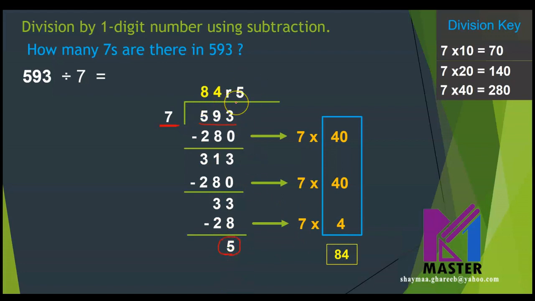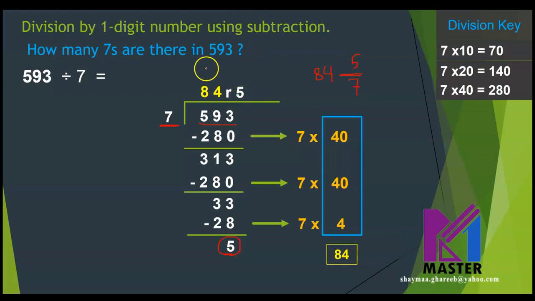How to write this answer as a mixed number? Do you remember the mixed number has a whole number and a fraction part? What is the whole number? It is the answer 84. And how many is the remainder? 5. This remainder should be divided by the 7, right? Which is 5 over 7. I always write the remainder up because I divide the remainder.